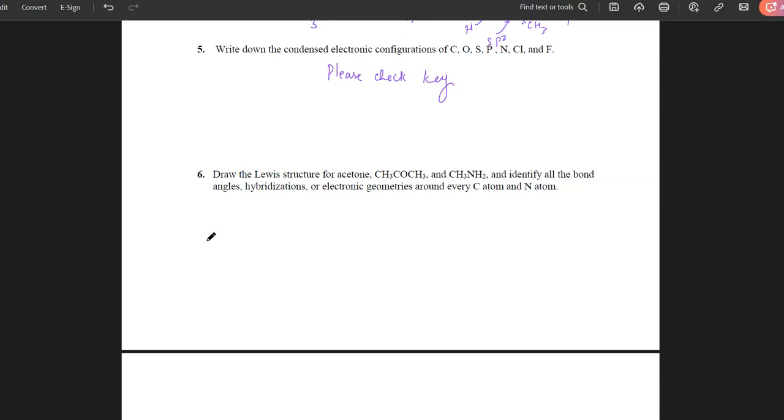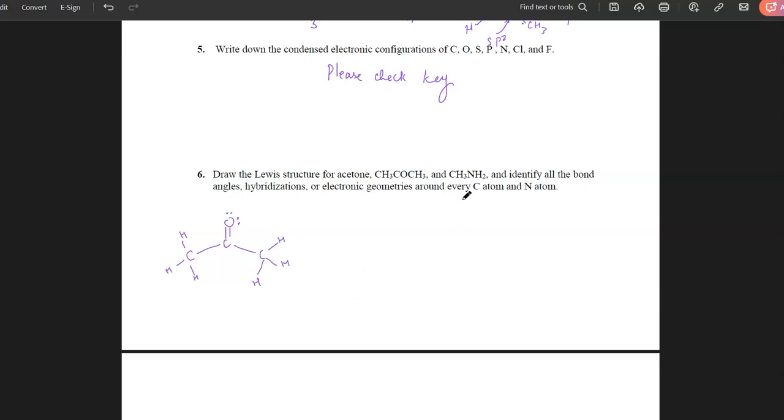So let's draw the structure of acetone. Here we have a carbon atom with 3 hydrogen atoms, then another carbon with a double bond, and another carbon with 3 hydrogen atoms. So this is the structure of acetone.